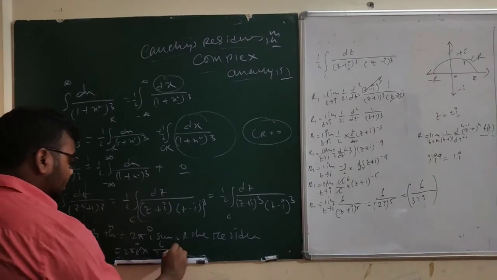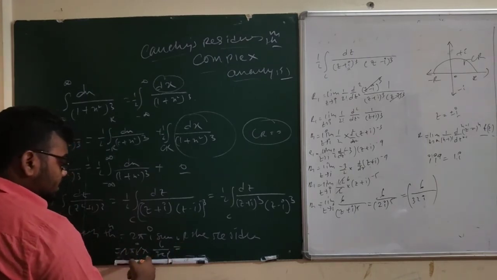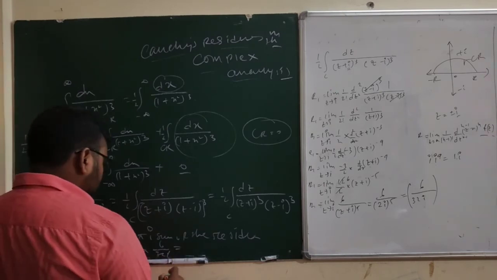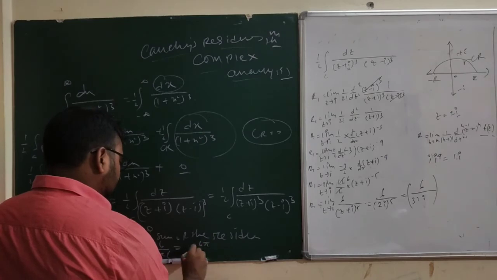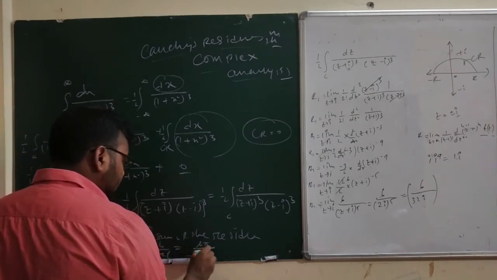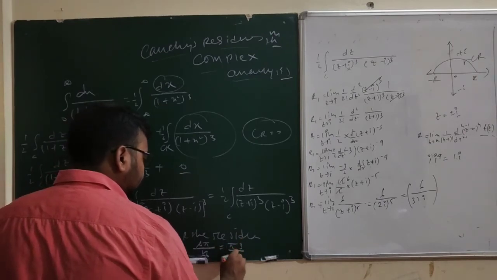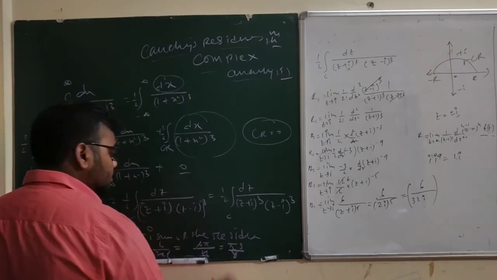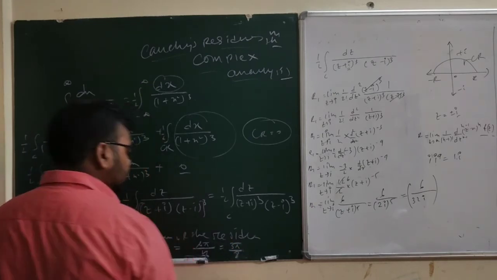Iota cancels from here, and the 2 gives 16, so 6 pi divided by 16, which is 3 pi by 8. It will be 3 pi by 8.